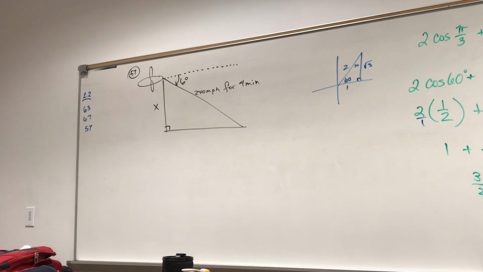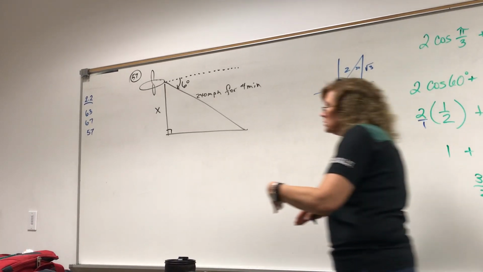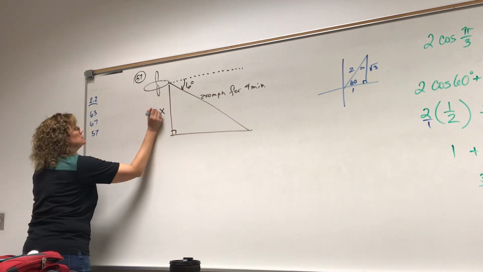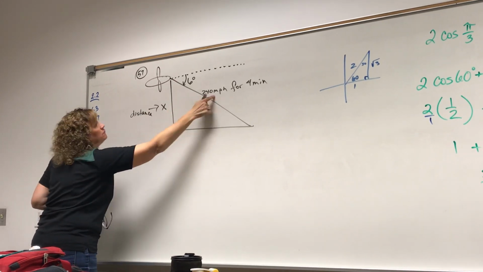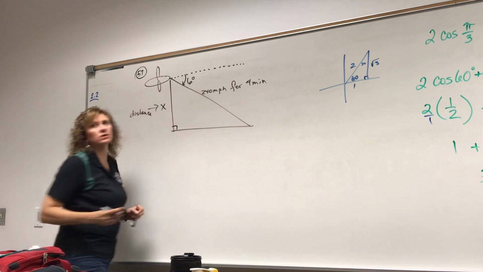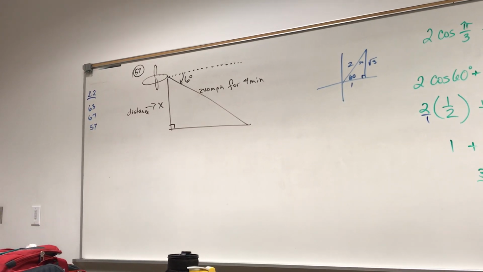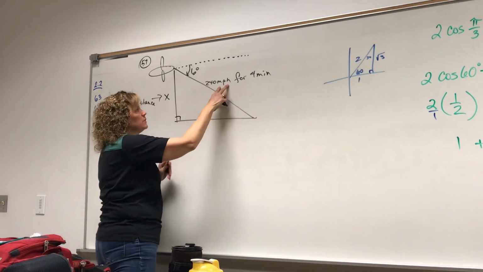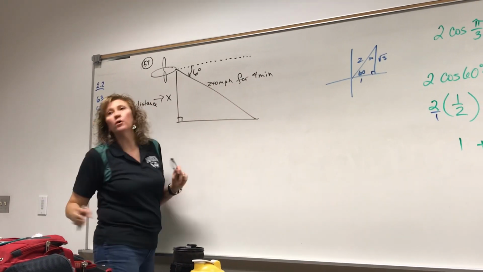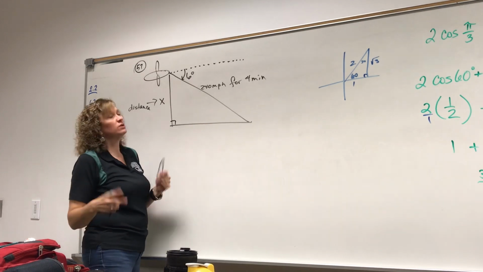So we are looking for how far, and we want a distance. However, they gave me how fast it's going and how long it's going at that rate. So we need rate times time equals distance, and then bonus, this is miles per hour, and we got 4 minutes. So we have to convert.